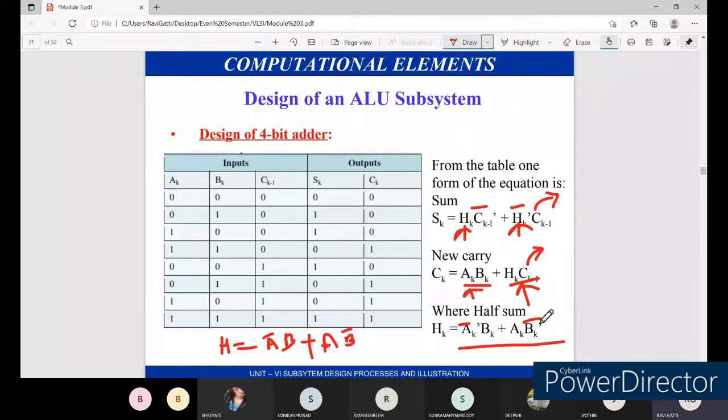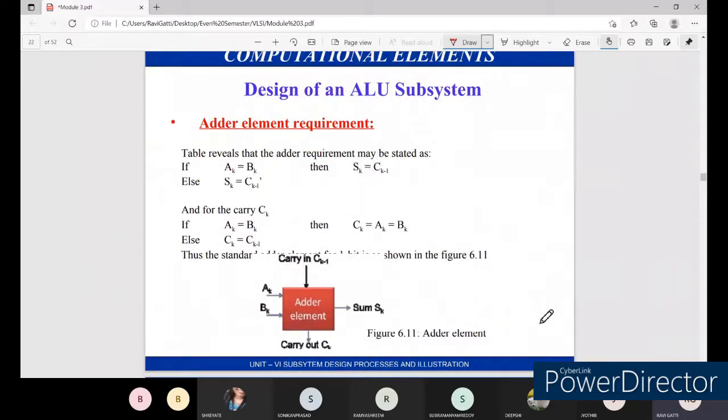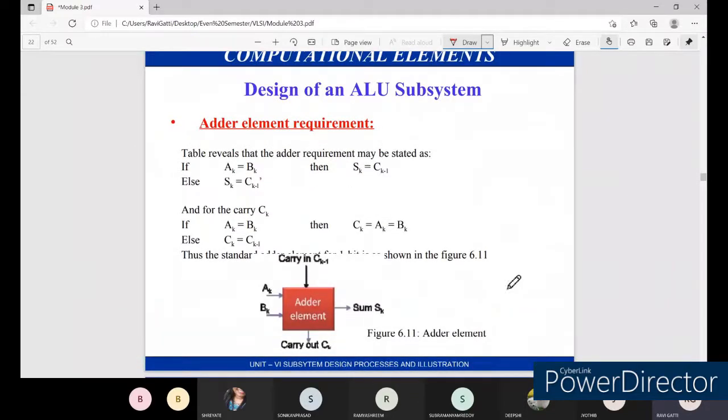Okay, so this is how we are going to design a full adder. For now, we need to design an adder element, or we call it a basic or fundamental element. So we need to consider a one-bit adder element.